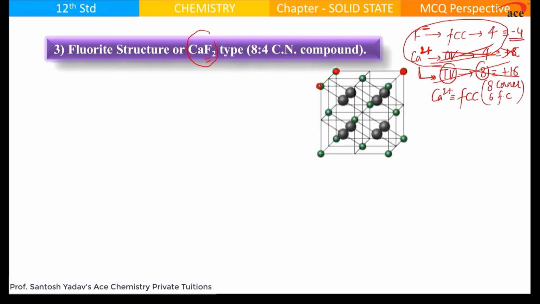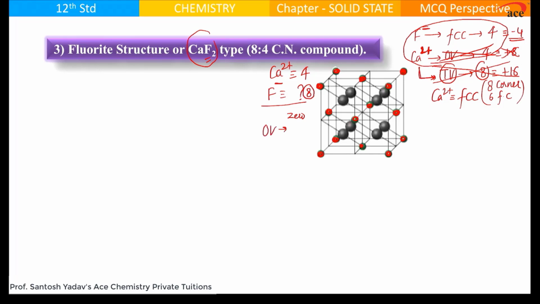Are you able to see the small calcium ions making up 8 corners and 6 face centers? Now, I am shading all of them, all calcium ions. That means what is calcium in number? Calcium in number will be 4. Now, how much should fluoride be in number? Think, fluoride should be such that the charge should be 0. You are correct. It should be 8.